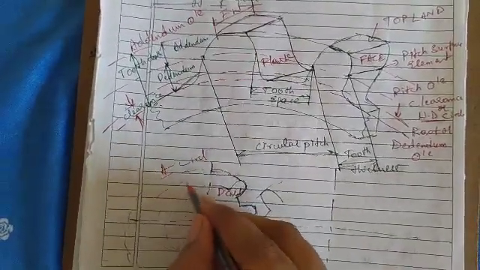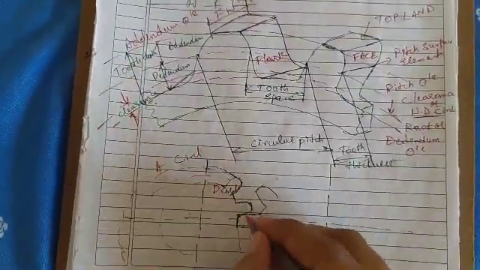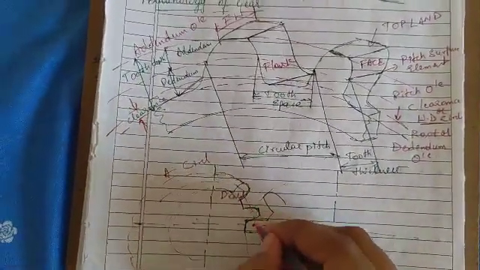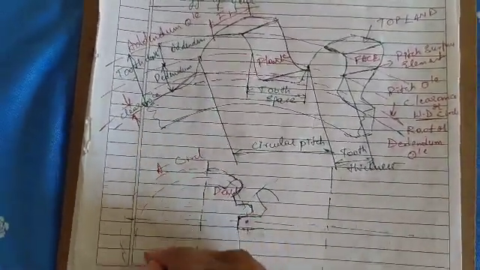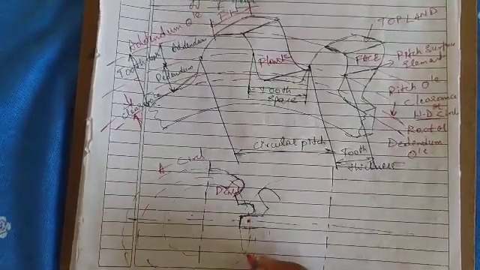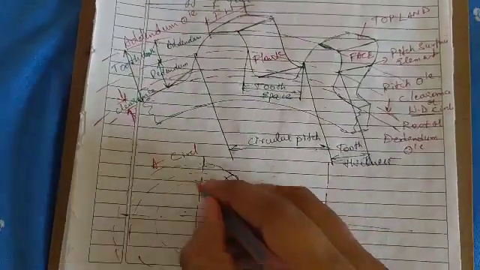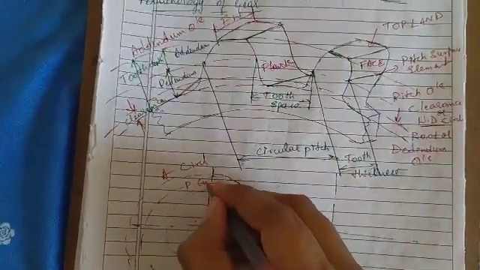In between, you will write the pitch circle. That is where the two gears mate. So this is the pitch circle.